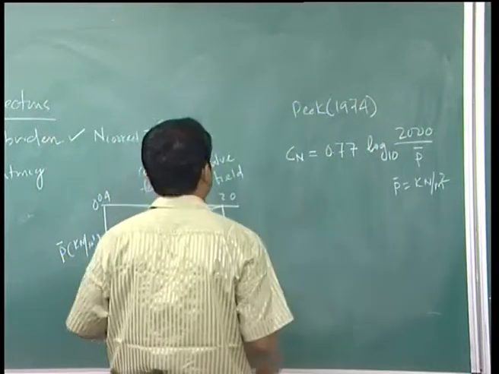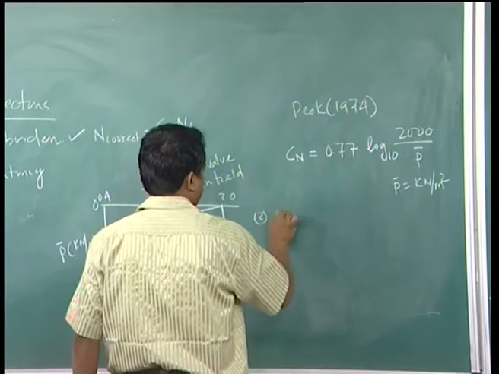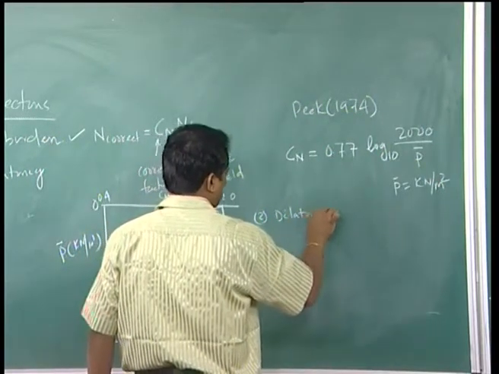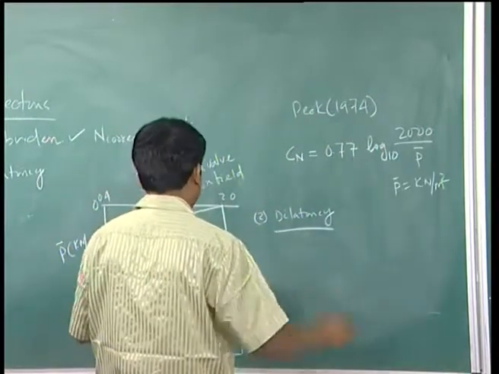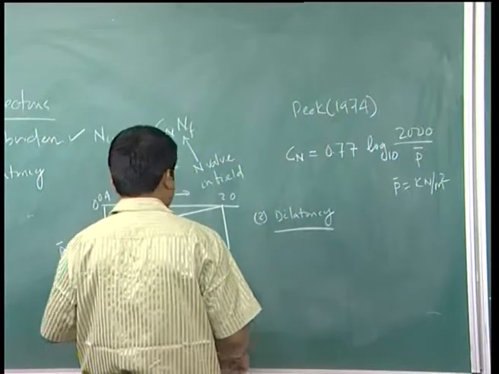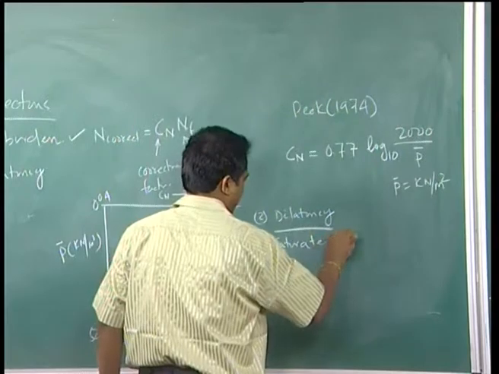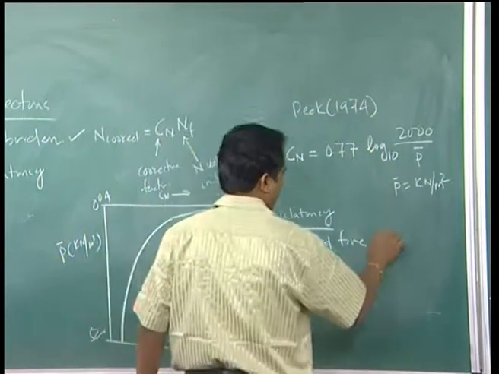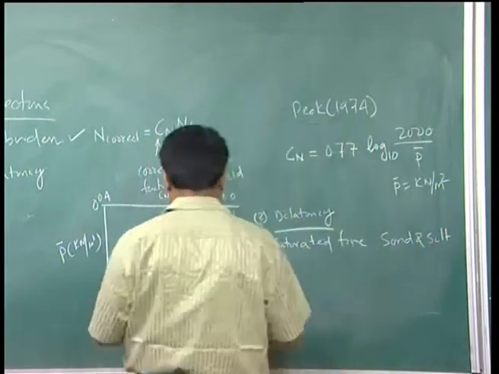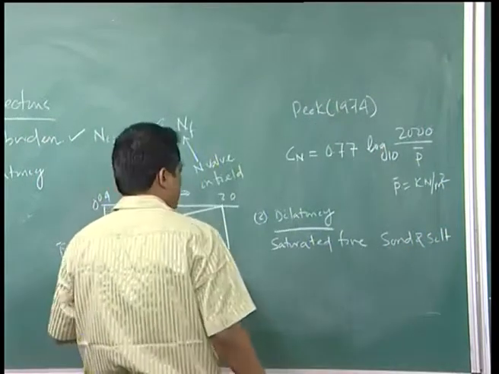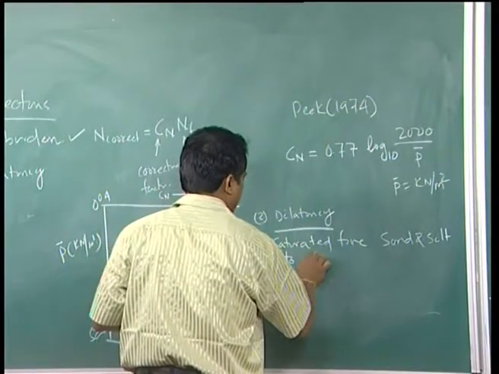Then your dilatancy correction. Second is your dilatancy. Dilatancy correction is recommended for saturated fine sand and silt, to account for negative pore water pressure.